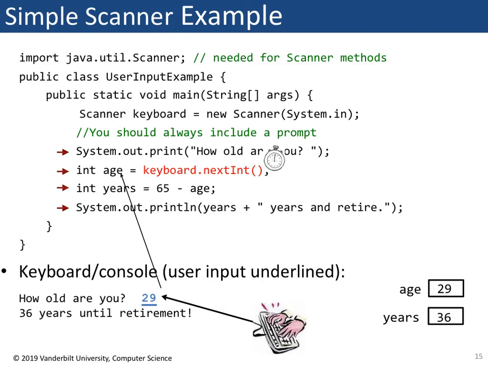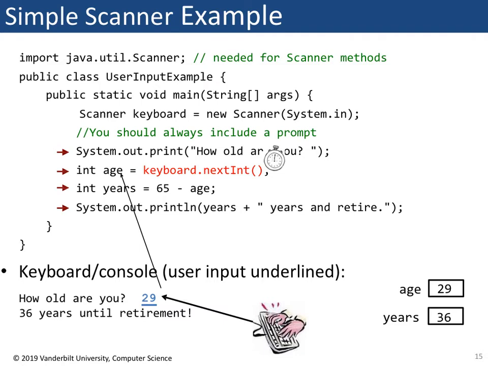So the program hangs right here, and we're just waiting until this user takes their time and types in some value and presses enter. We could wait for years if the user decided to not type anything.